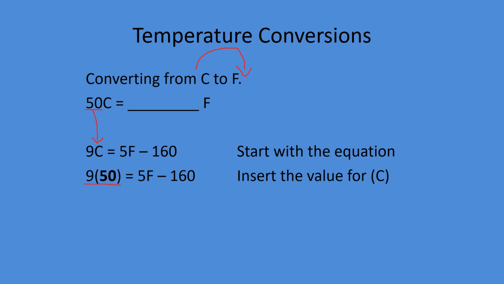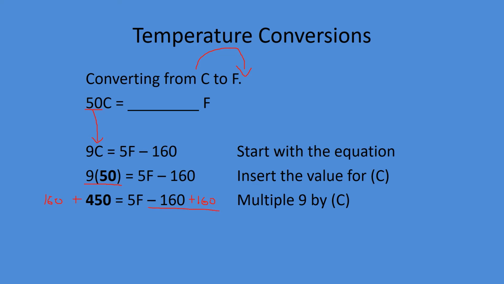So let's simplify 9 times 50. We get 450. And we want F by itself. In order to get F by itself, we've got to get rid of this negative 160 by adding 160 to both sides. If you do one thing to the equality, you've got to do it to the other. Now we can simplify.